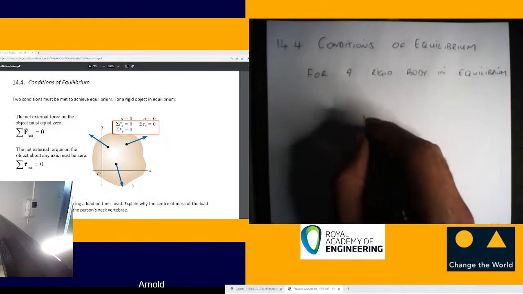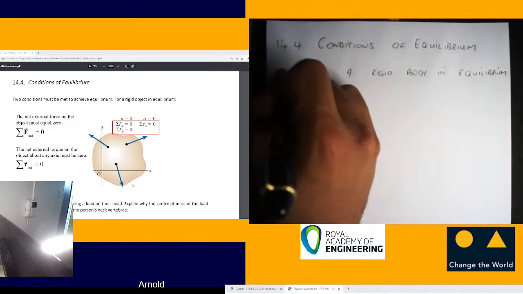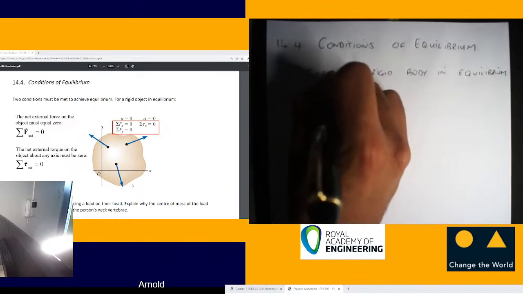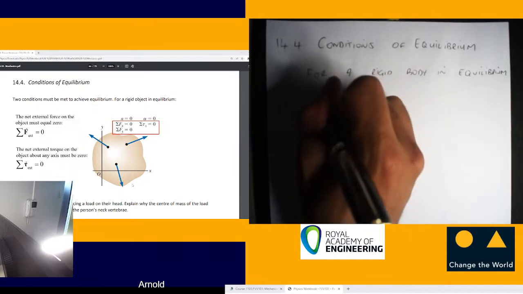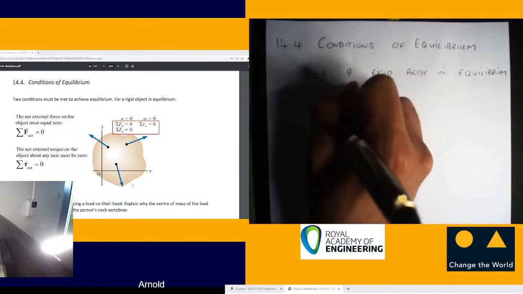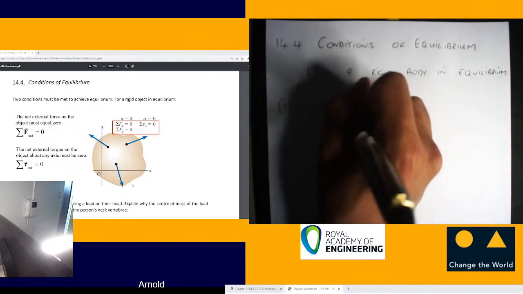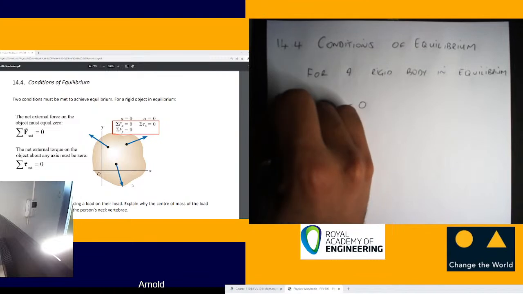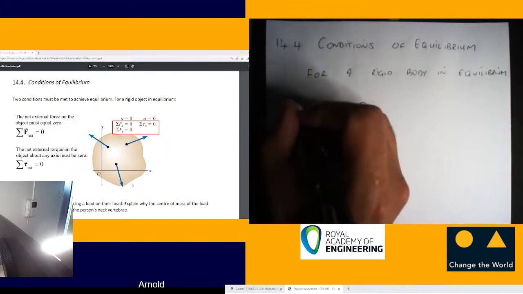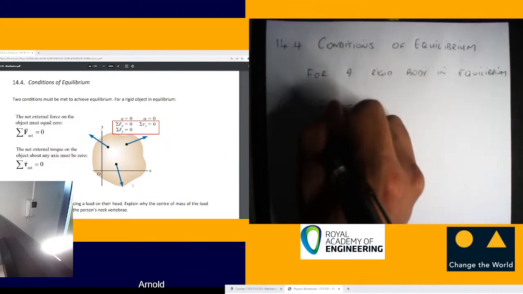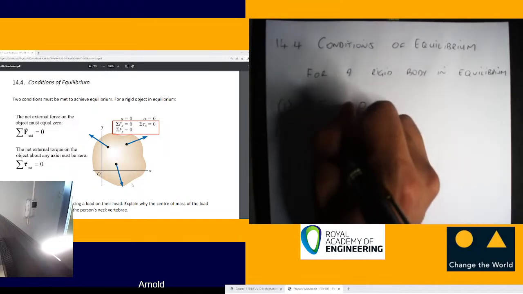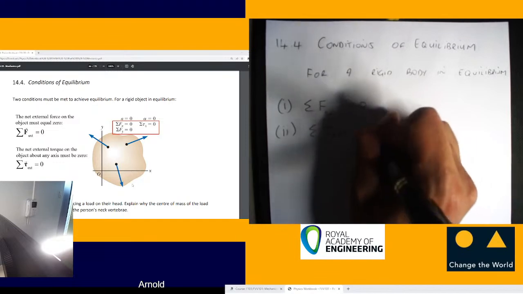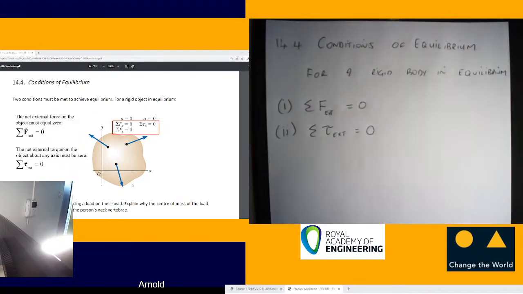The net external force, I'm just going to write it in symbol form, must be equal to 0. The second condition is the net external torque. The net external torque must also be equal to 0. Those are the two conditions for equilibrium.